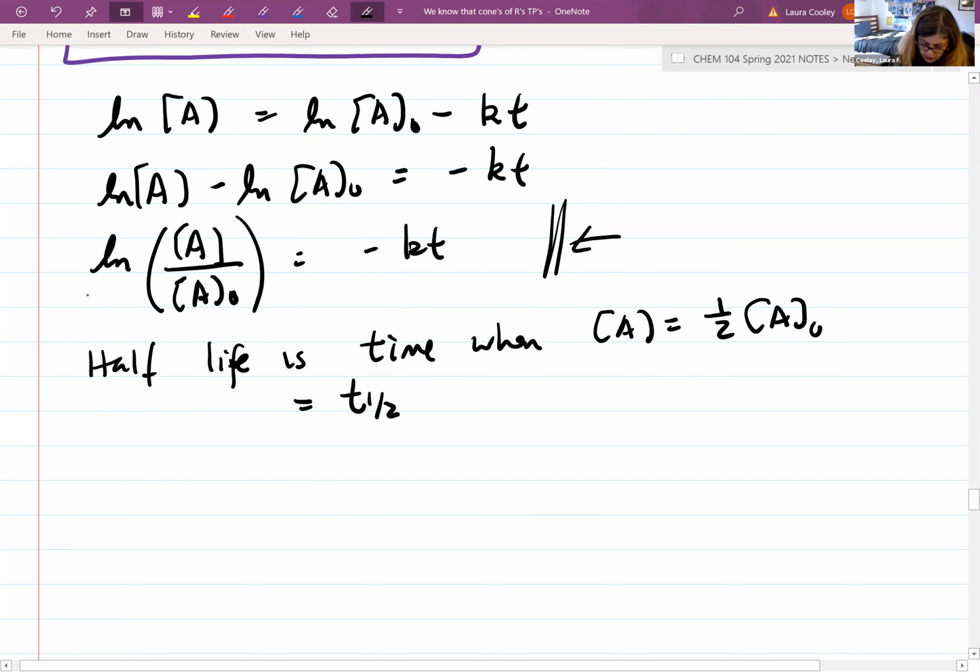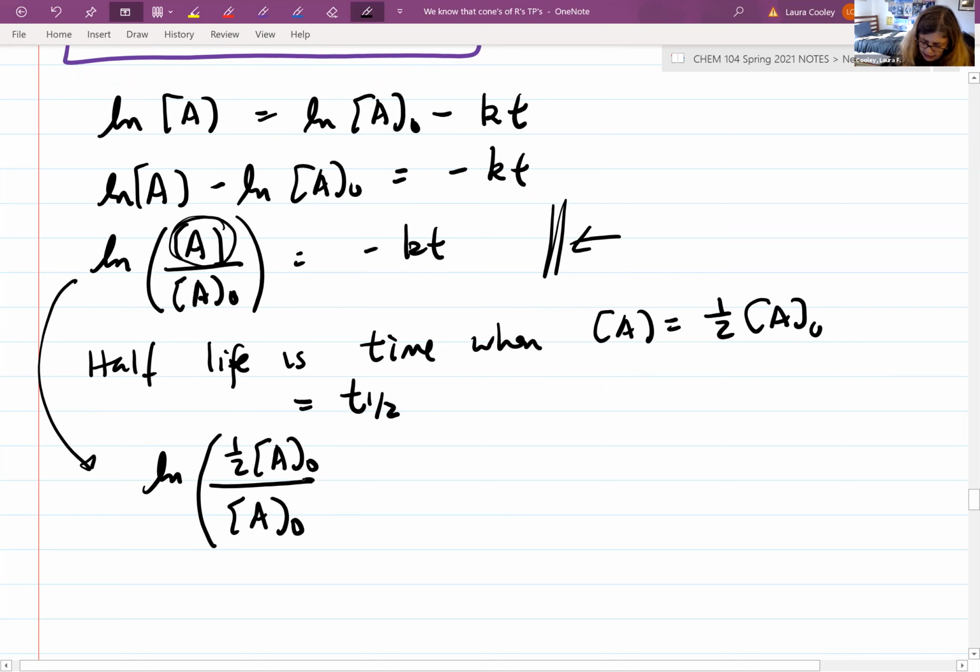So if I take this equation here and I say, okay, I have my initial A. Oh, sorry, that's on the bottom, my initial A. When this is half of A0, I'm going to put that value in for it, the t is T1/2.